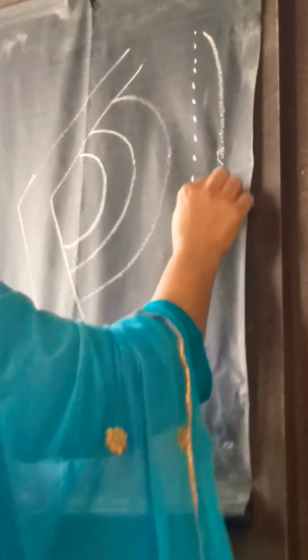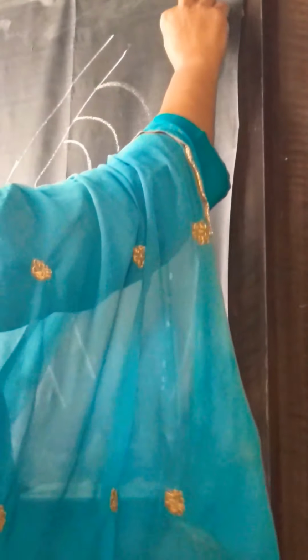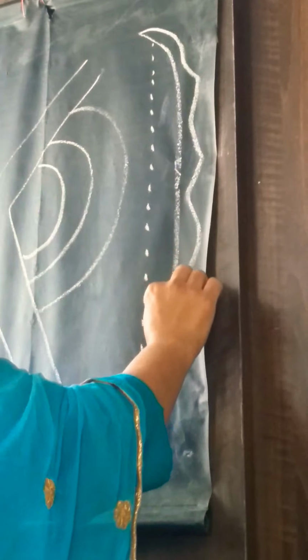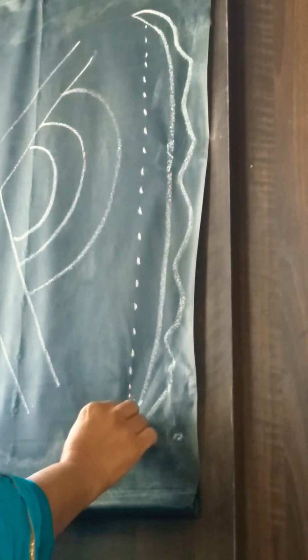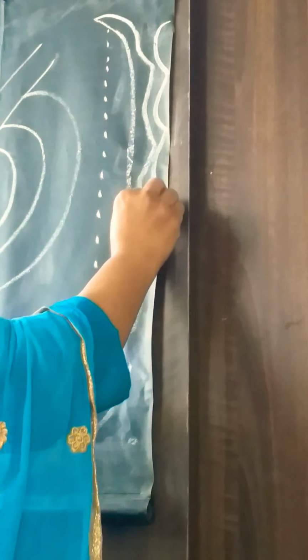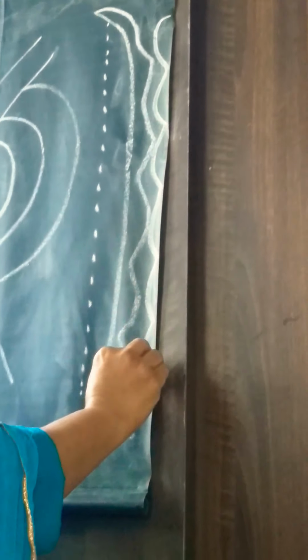And on the side of the external capsule, this is the claustrum that is present. And then on the side of the claustrum is situated the insula. This is the insula.